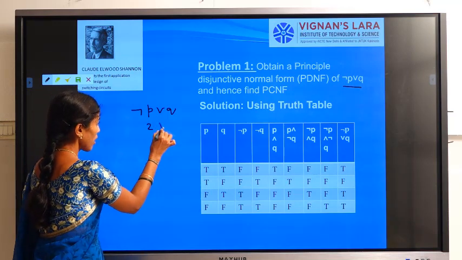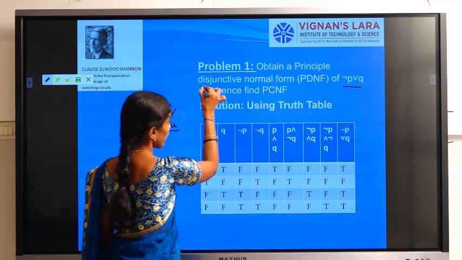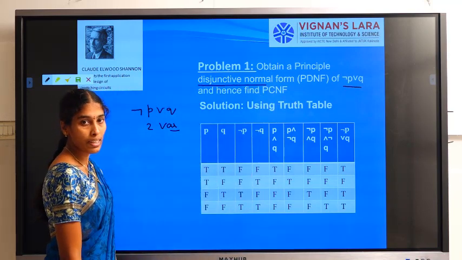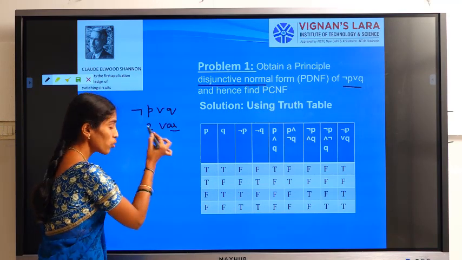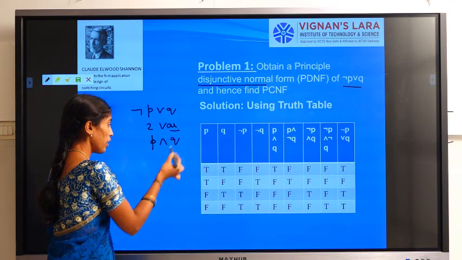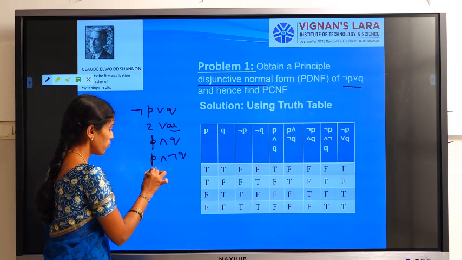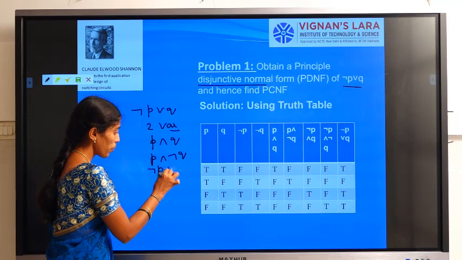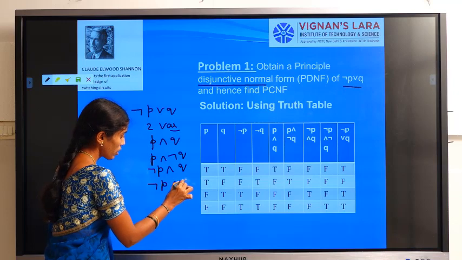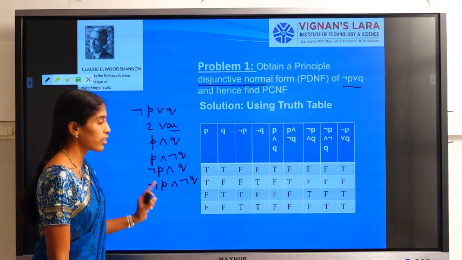Because it is PDNF, meaning disjunction of min terms, for these two variables the min terms are P and Q, P and negation Q, negation P and Q, negation P and negation Q. These four are the min terms.